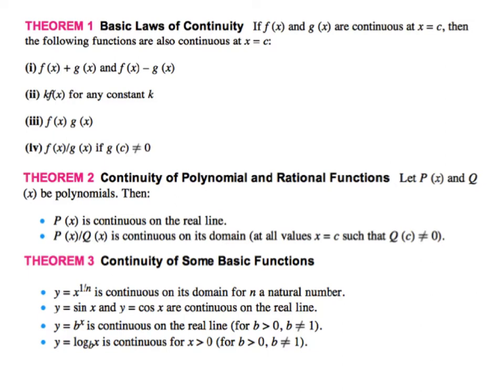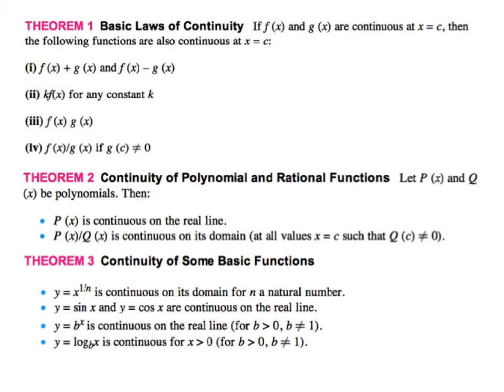We know that x to a rational exponent, so a radical, is continuous on its domain. If we have a square root, like a 1/2 power, we know underneath cannot be negative, so the domain is restricted to greater than or equal to 0, and on that domain it is continuous.